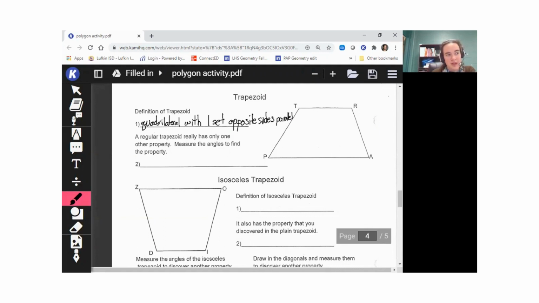So that means in our figure here, TR and PA are parallel. Again, remember those arrows mean parallel.